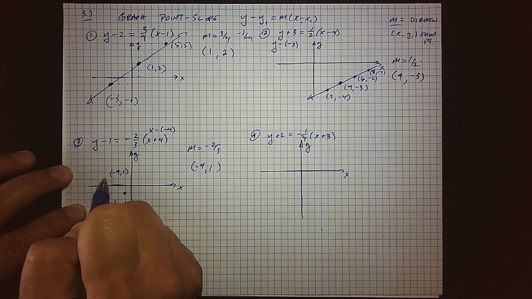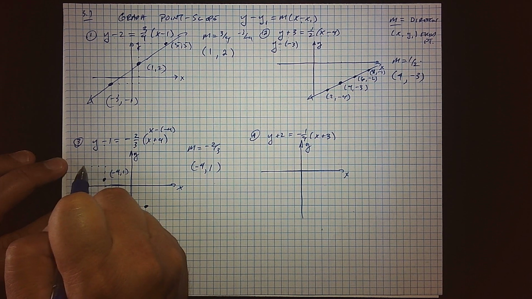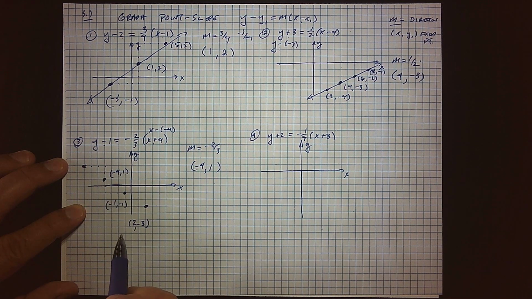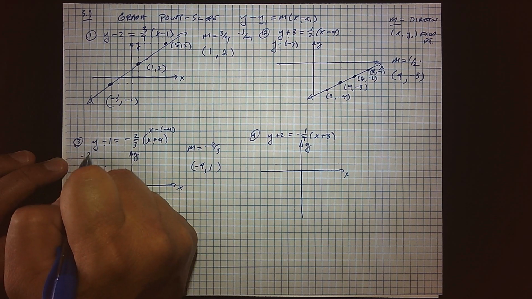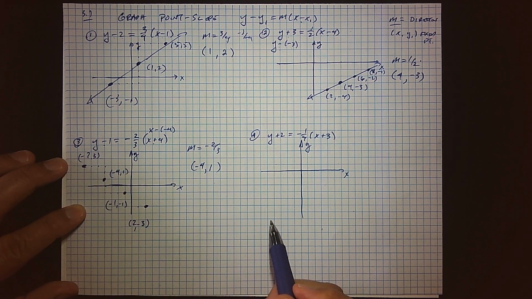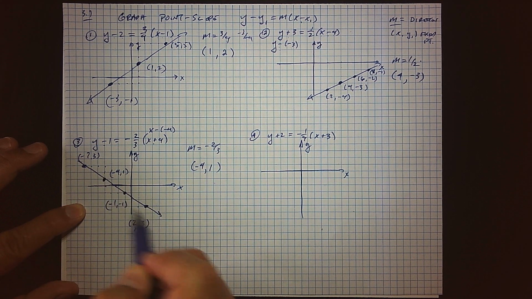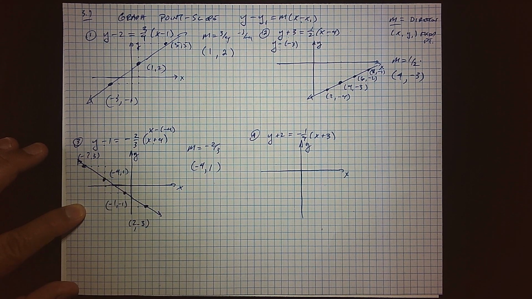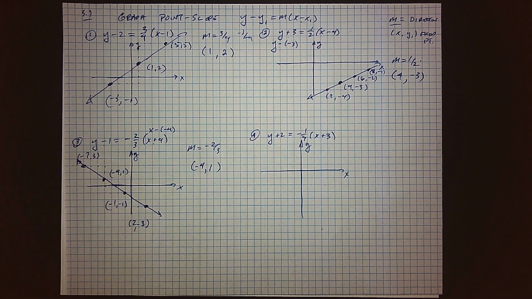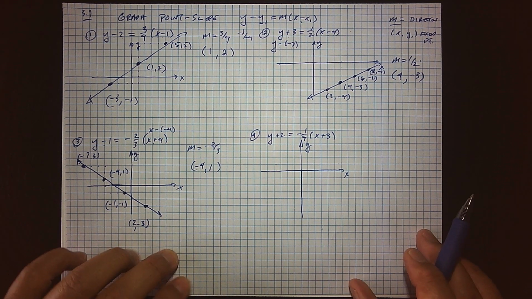Or if you want, you can go up 2 and back 3, so there's another data point. And I guess that would be (-7, 3), I believe. So there's 4 solution points. Where's all the rest of them? They all fall along that line, and we're done graphing. All right, so again, it's all about finding your location and finding your slope, and then graphing is made easy.